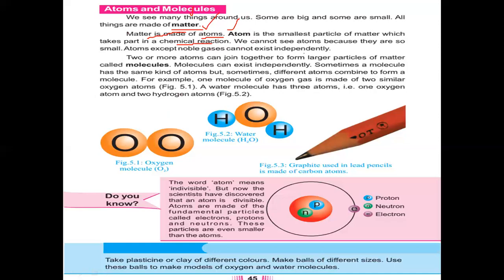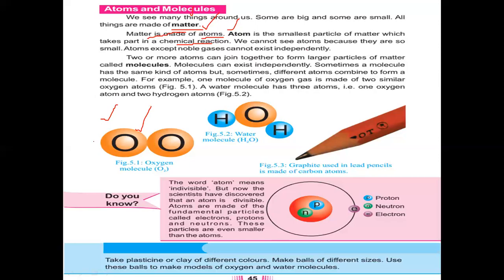We cannot see atoms because they are very, very small. But atoms, except noble gases, cannot exist independently. Every type of atom has to react with other atoms to form a molecule, then it can be stable, then it can live.